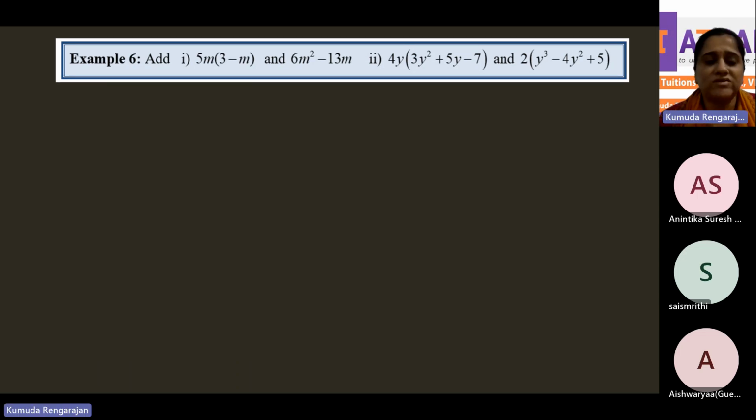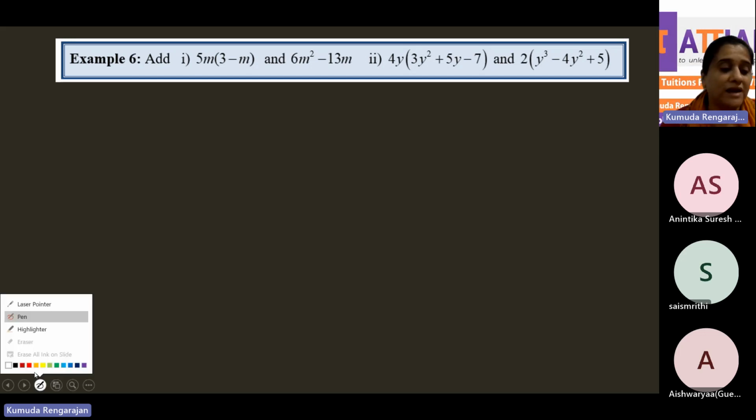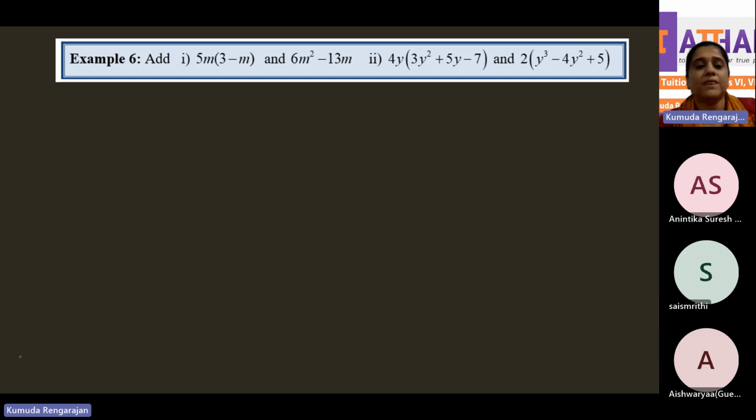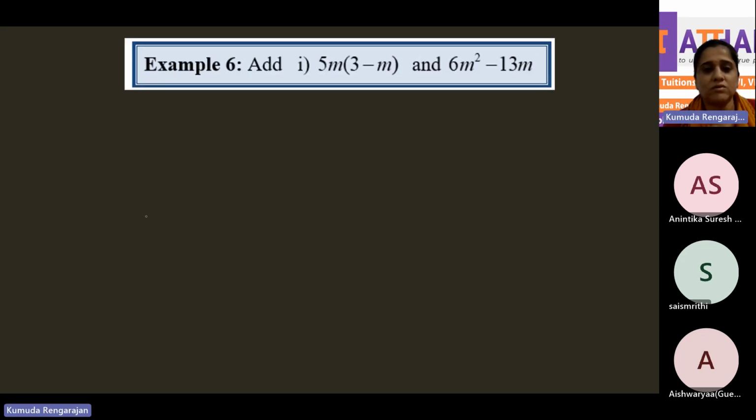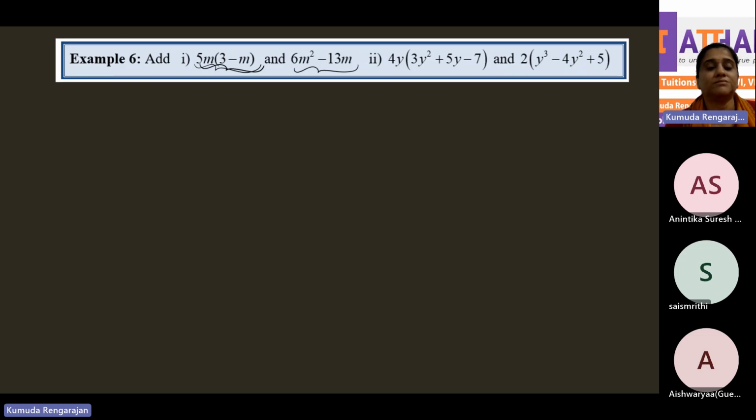So here you have questions. In example 6, you have to add two expressions. But before you can actually add them, you need to simplify them. You cannot place this expression and this expression one below the other. This itself has to be simplified. Yes or no? Horizontal, vertical, however, horizontal.